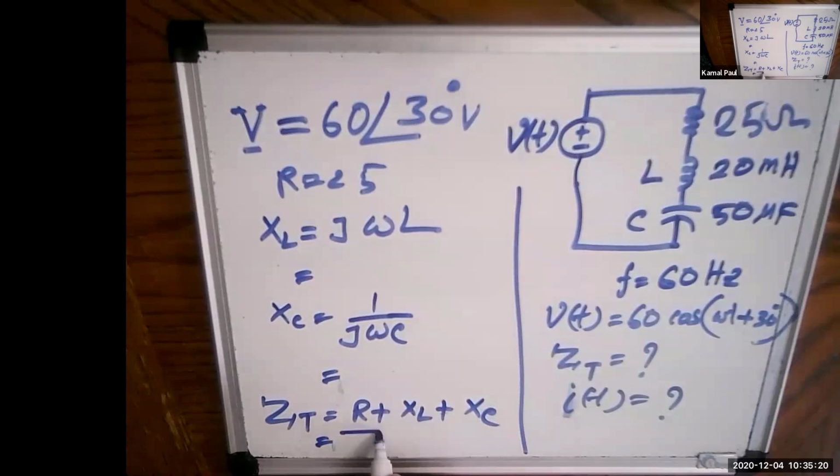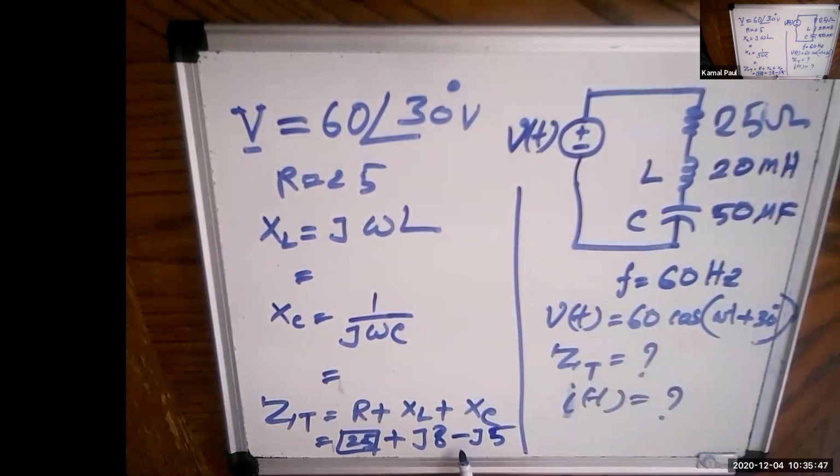If we get some value, we will get something like some real number, say 25, plus maybe some j like 8. I'm just assuming something. And for this one, say minus j like 5. For the capacitor, you will always see a negative sign before the j.